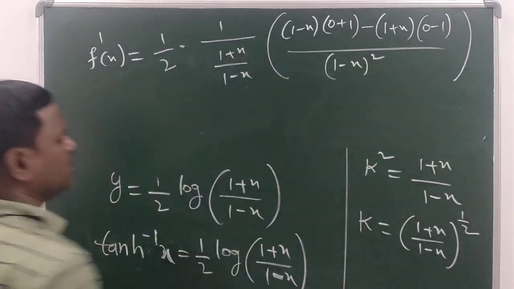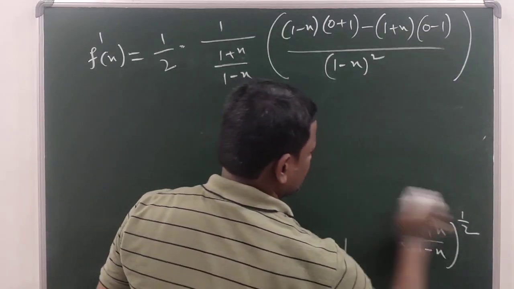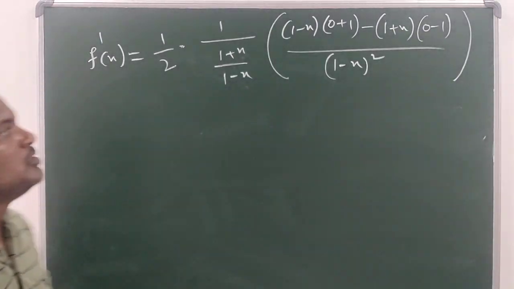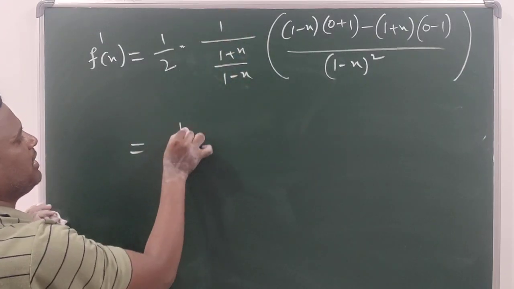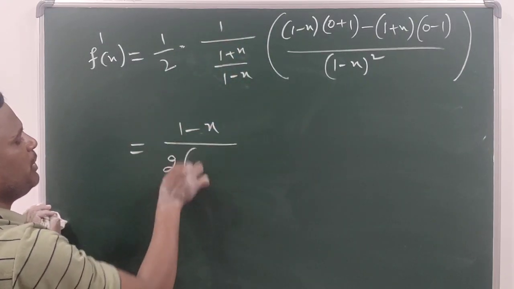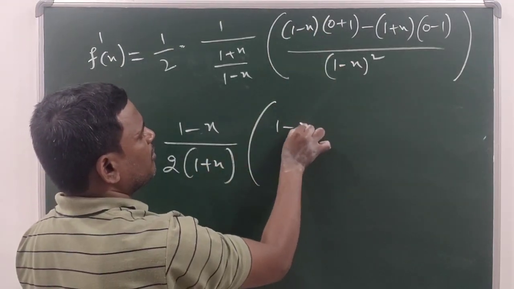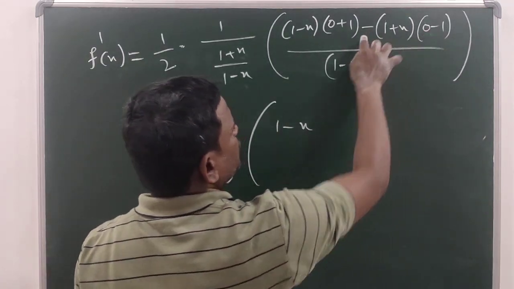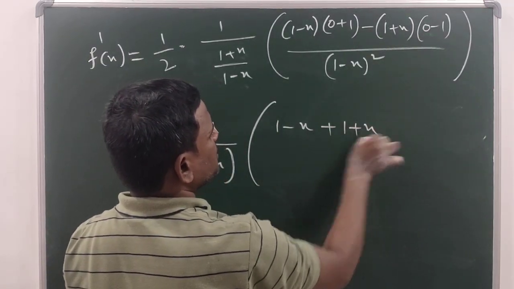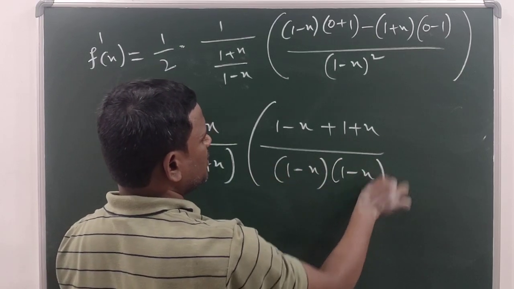Now go for simplification. So when you simplify this, what do you get? This 1 minus x will go into the numerator. (1 minus x) by 2 into (1 plus x). And here 1 minus x. Okay. When you open this bracket, minus into minus is plus. (1 plus x) by (1 minus x) whole square. (1 minus x) into (1 minus x).